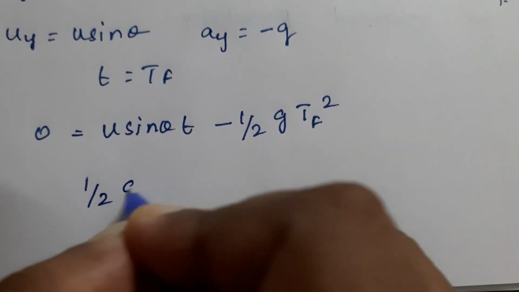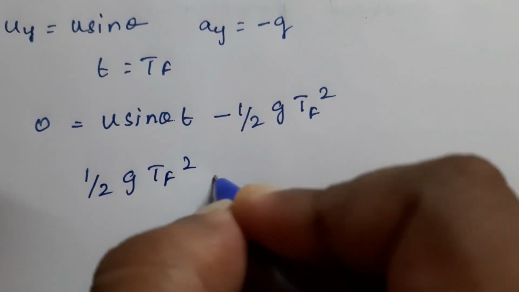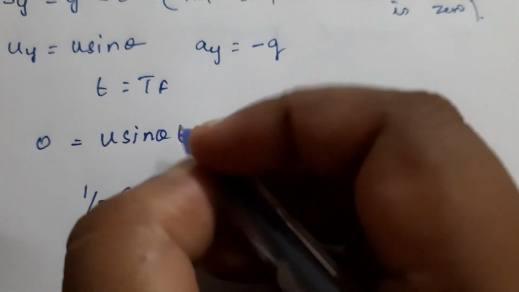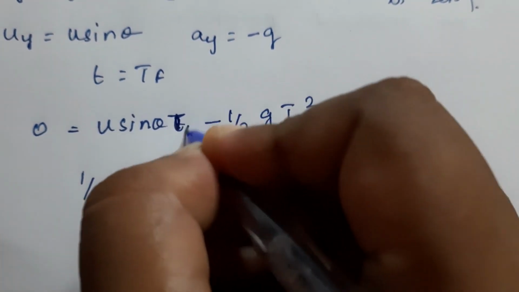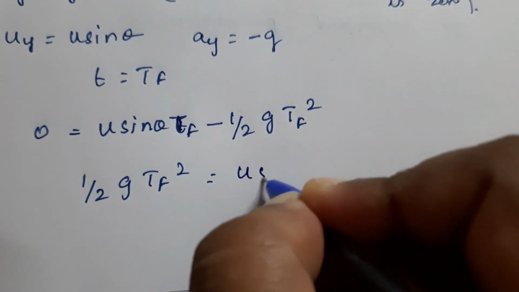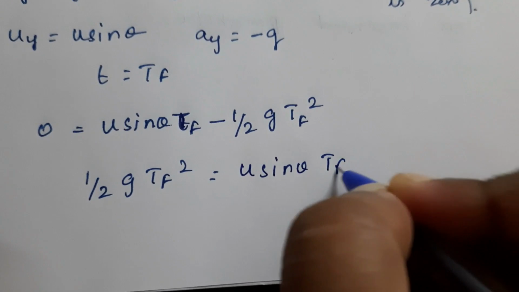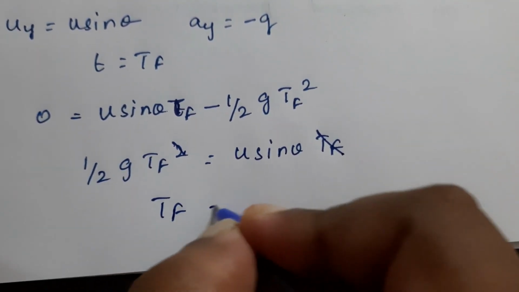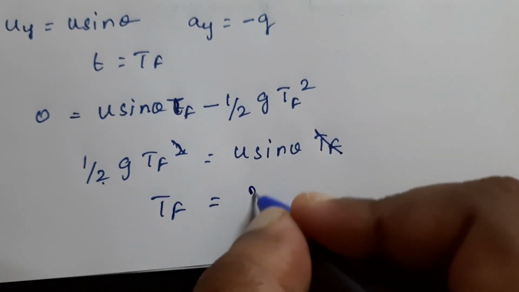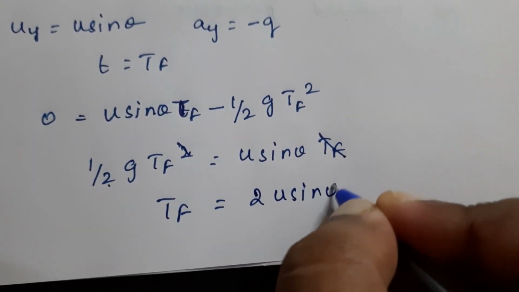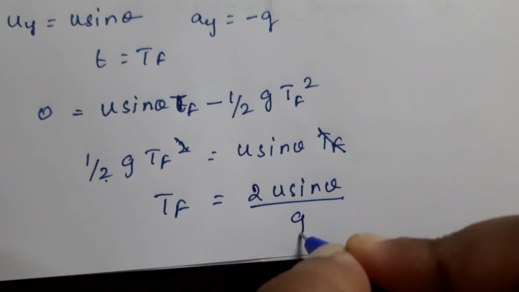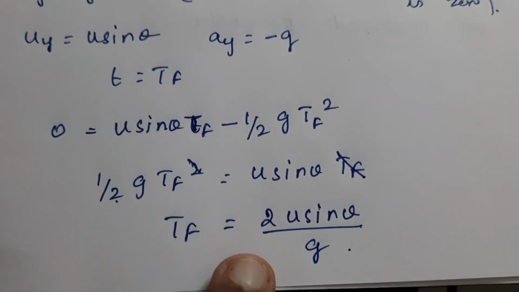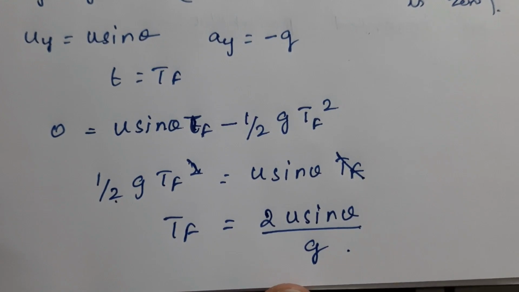So half g Tf square is equal to U sin theta Tf. So one Tf and one Tf will get cancelled. So cross multiplying, you will get Tf is equal to 2U sin theta by g. So this is the equation for time of flight.